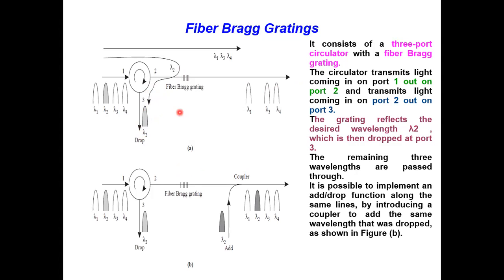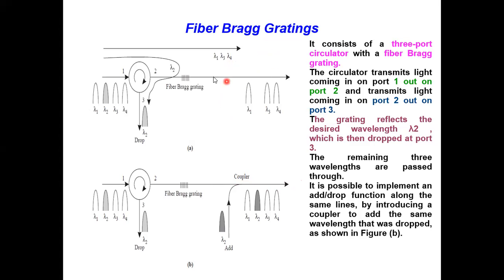Now suppose the 3 signals, lambda 1, lambda 3, lambda 4 continue their journey. Suppose at this part of communication, I don't require the lambda 2 wavelength, so I have dropped it. But later on in the journey ahead, I need to add the lambda 2 wavelength. So then you have already studied a coupler. What this coupler will do is I can couple this signal along with lambda 3, lambda 4, lambda 1, and then again all those 4 combined signals go on.